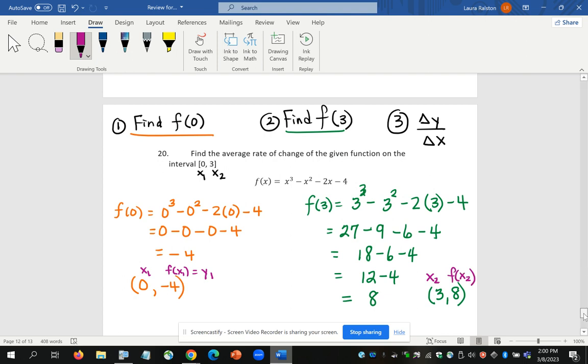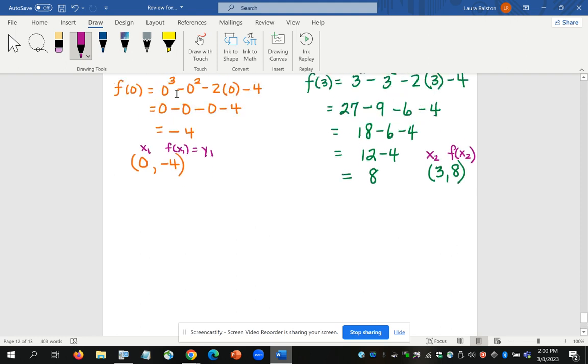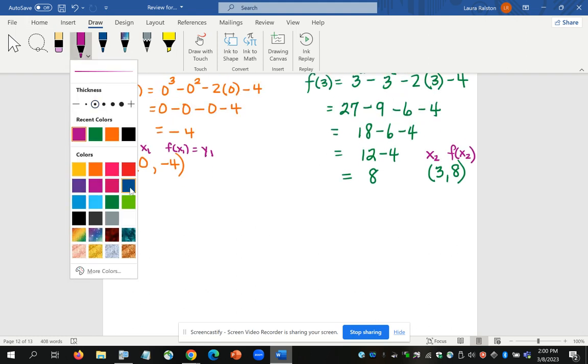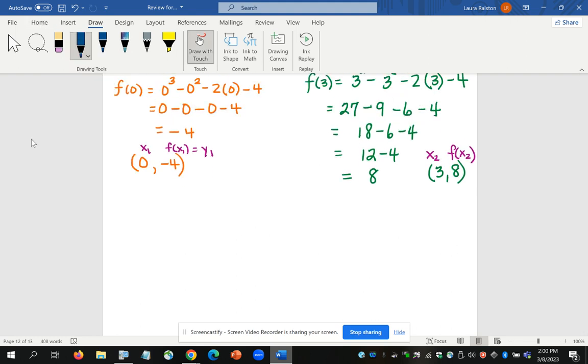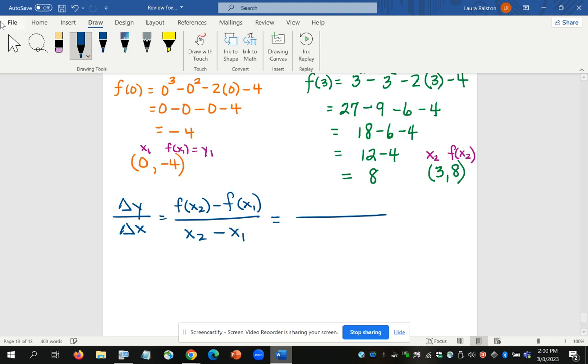I'm going to take both of those ordered pairs and substitute into the average rate of change, which is f of x2 minus f of x1 over x2 minus x1. So I have everything I need.